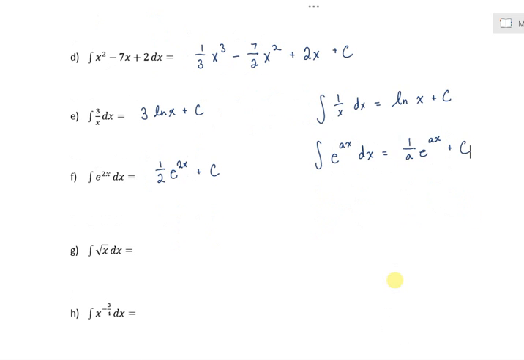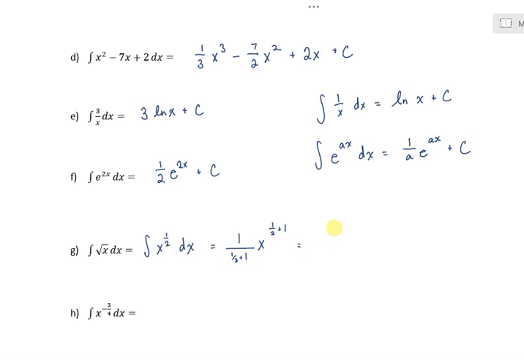Okay, next problem is root x. Some of you are really pained by roots. Square root is just the power 1/2. So we use that same rule up there. We add 1 to the power. So 1/2 plus 1. Here, I'll write it. 1 over 1/2 plus 1.